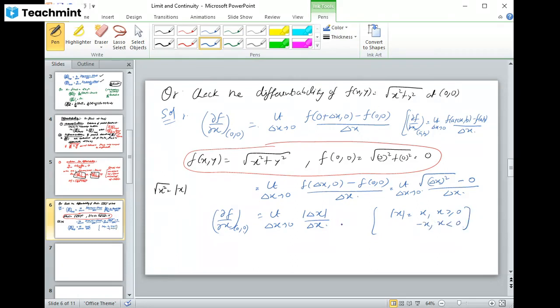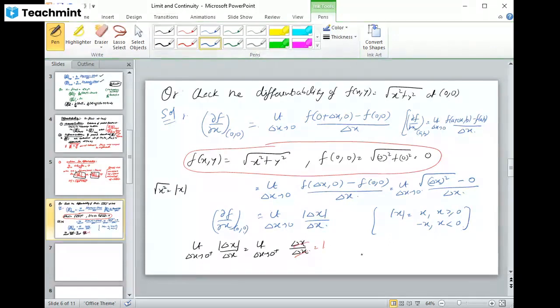Using this concept, if I apply the limit as delta x tends to 0 from the positive side, then mod of delta x upon delta x is, from the positive side, mod of x equal to x only. Its value is delta x upon delta x, which cancels out, so its limit comes out to be 1.